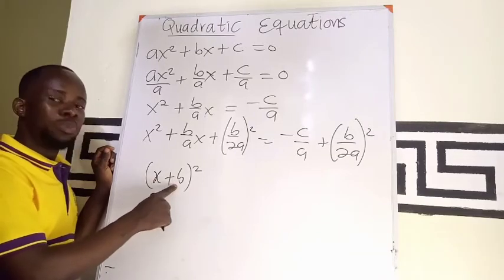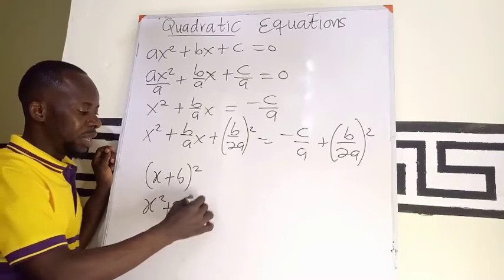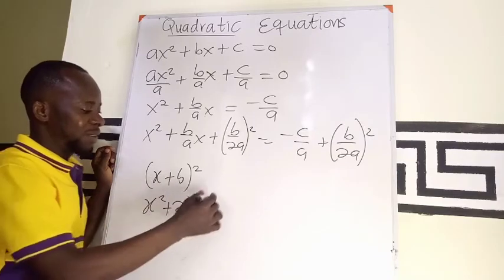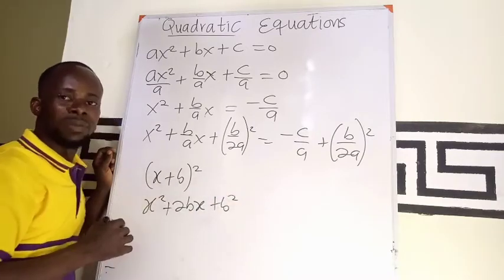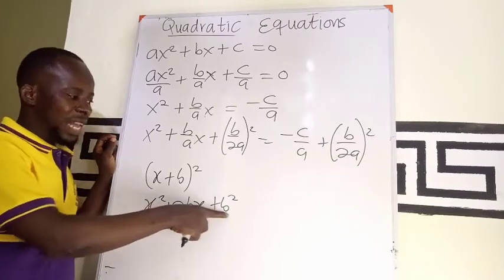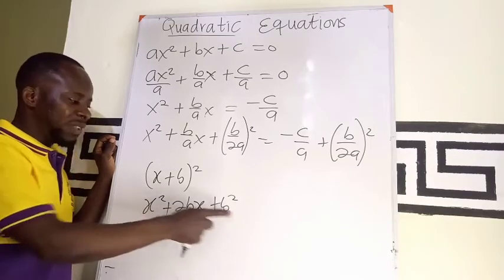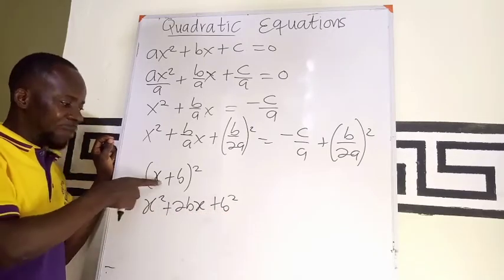The product of these will be bx, twice will be 2bx. Square the last, which will be b squared. So you can see that we have x squared, we have x, and the last term is the constant also squared. So if we see this, this is the same as this.